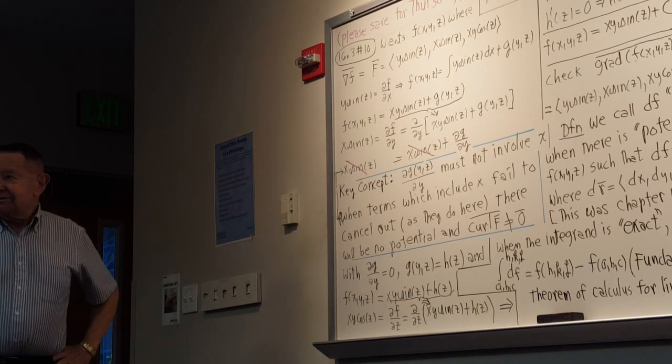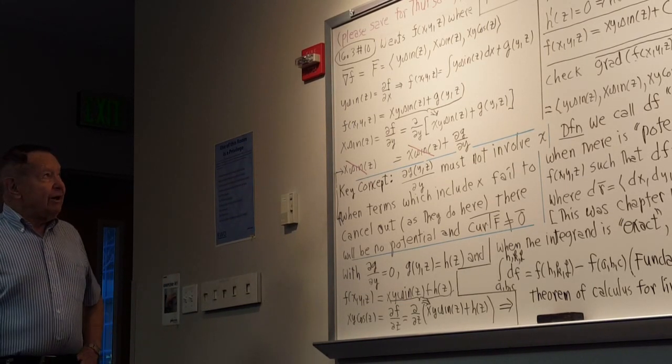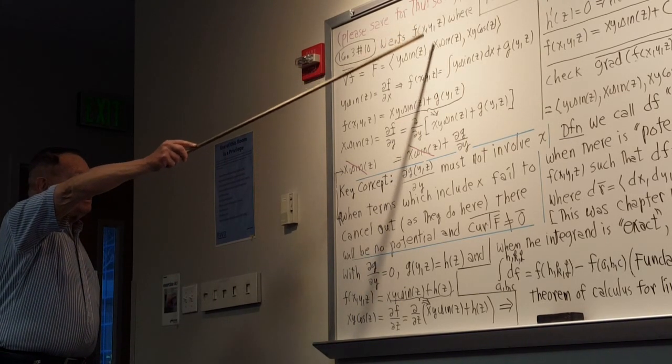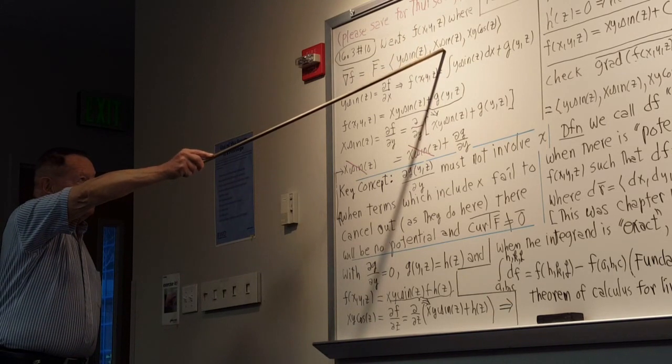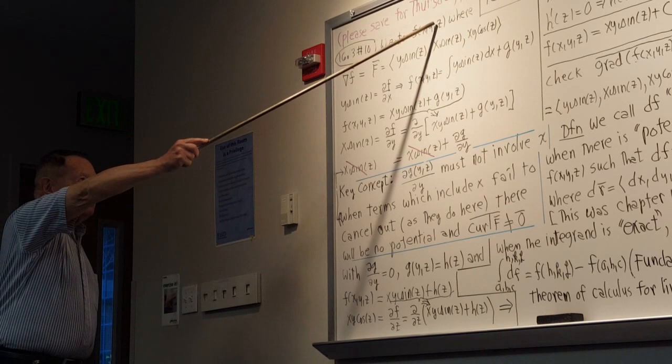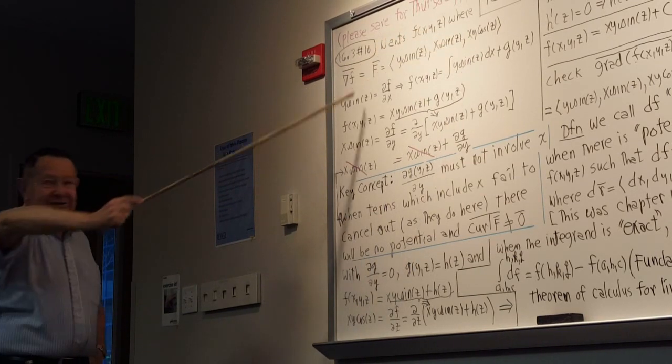There isn't any actual law that says you couldn't first start with the partial with respect to y, or the partial with z. You could work backwards.